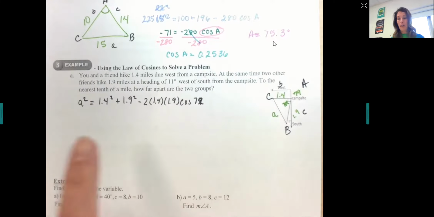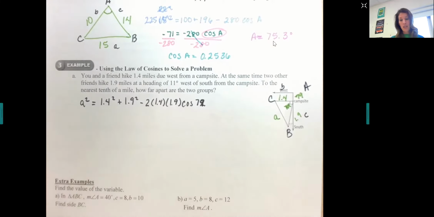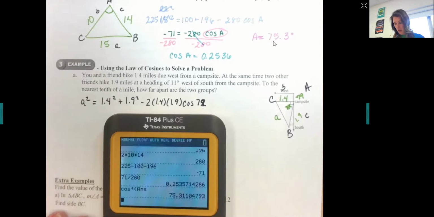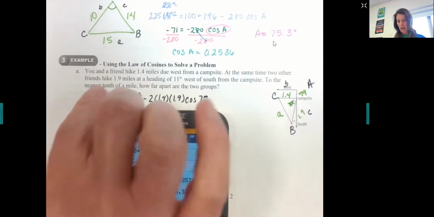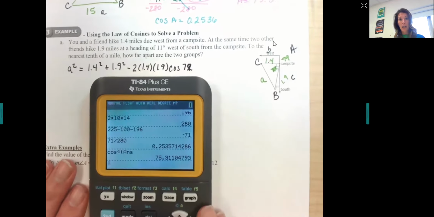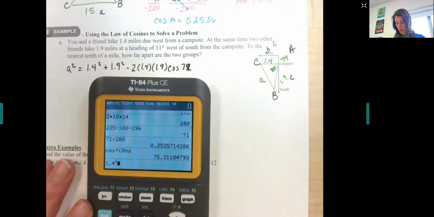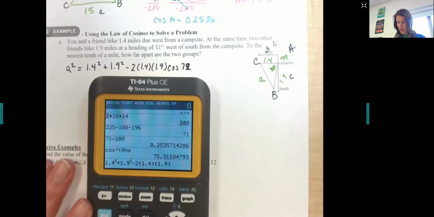Putting all of this into our calculator just like this. Because of order of operations, our calculator will automatically allow us to do this work. So I can just put 1.4 squared plus the 1.9 squared minus 2, and then in parentheses, 1.4, 1.9, cosine of 79.